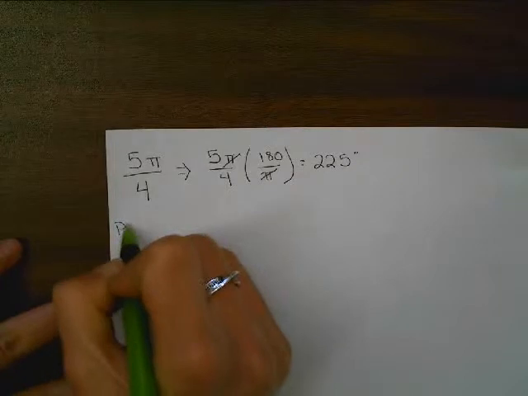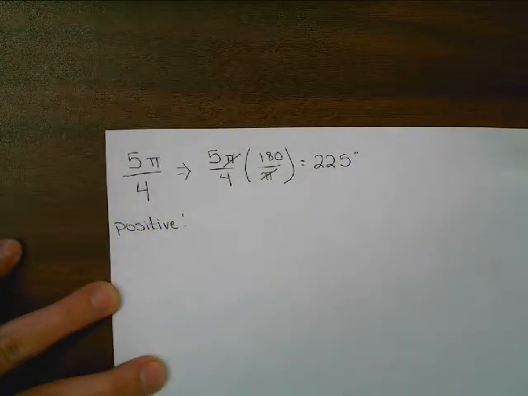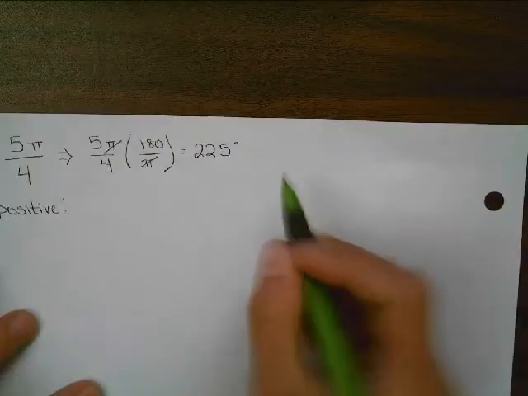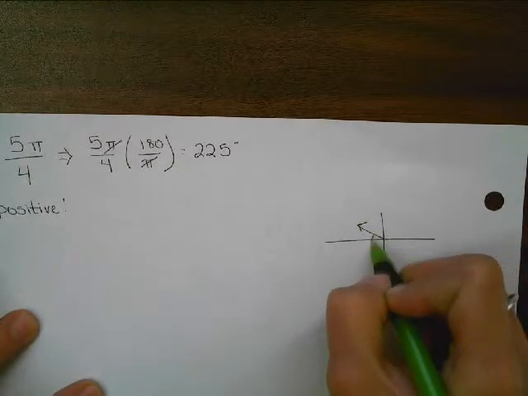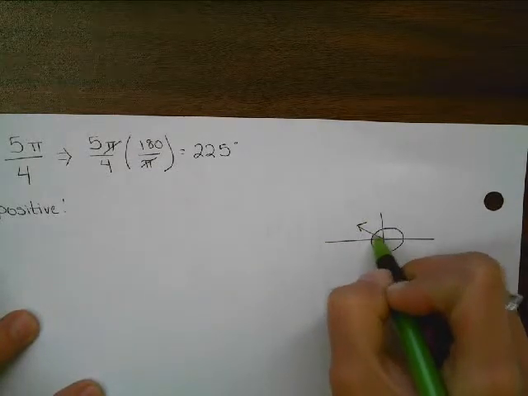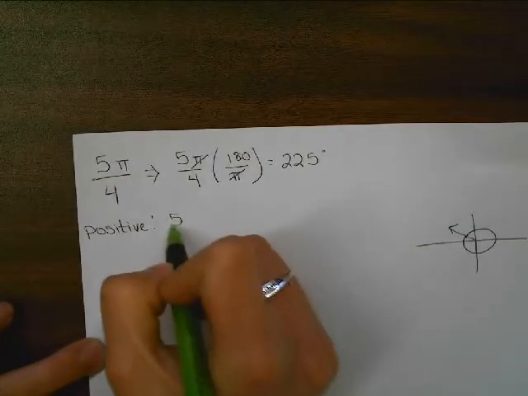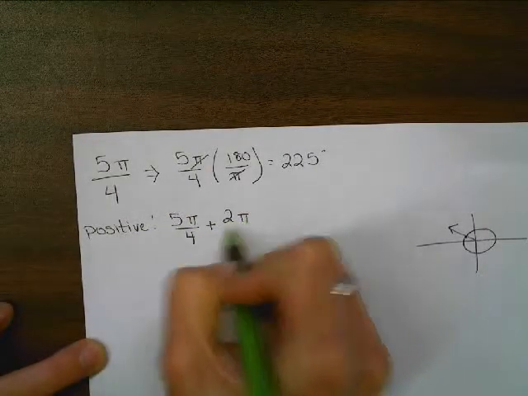So for a positive coterminal angle, a coterminal angle is something that ends in the same spot. So usually that means we go around a circle. So if I am over here, if I go around the circle one more time, then I'm going to land in the same spot. So to add a circle rotation to it, I take 5 pi over 4 and I add 2 pi to it.